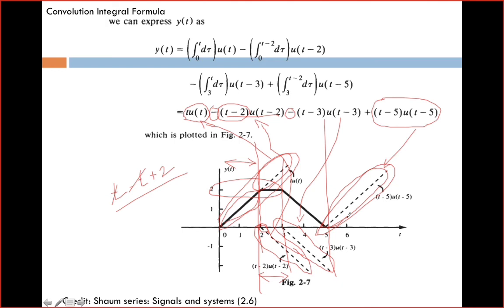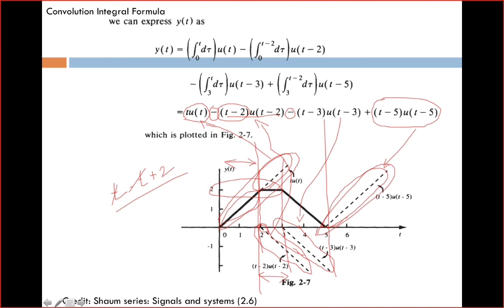I'm saying simple convolution, but we need to do a lot of iterations and a lot of assumptions to obtain the final solution. As far as the mathematical expression is concerned, convolution of two different signals is very difficult.